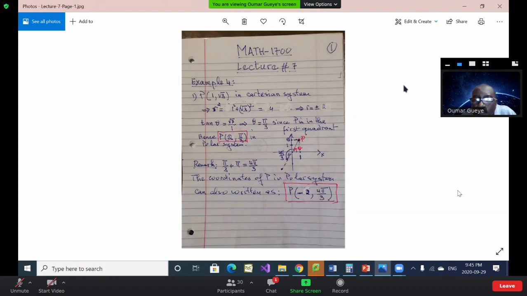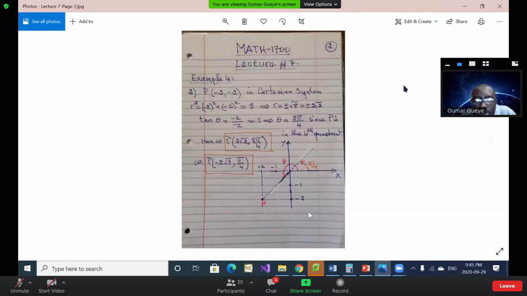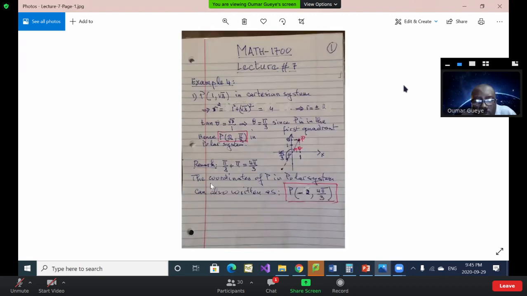Okay. All right, so let's see now the second example. Can you repeat the first one? Repeat what? Why is r minus 2 and we are giving the line in the first quadrant? The point that we wanna get is already in the first quadrant.